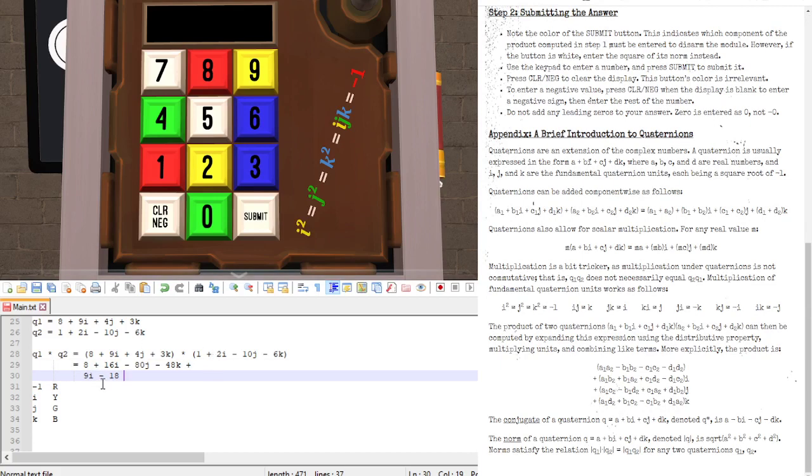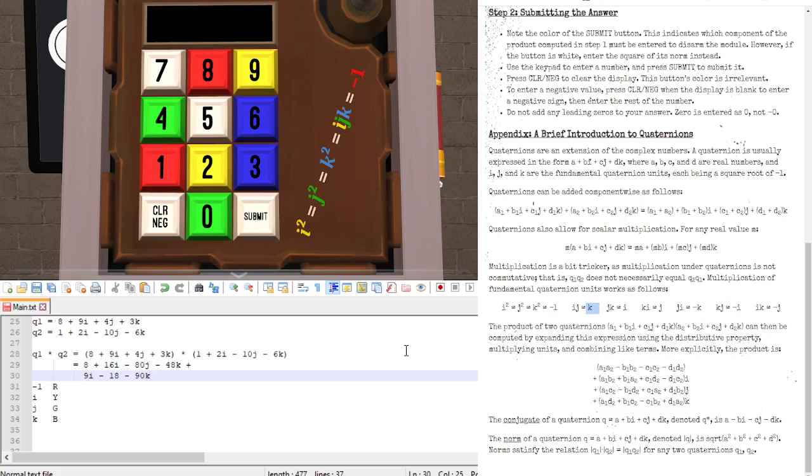Keep in mind that multiplying two imaginary units doesn't always need to yield an imaginary unit. This is a real part of the number, so be careful. Now 9i times minus 10j. 9 times minus 10 is minus 90, and i times j is k. So we have minus 90k.